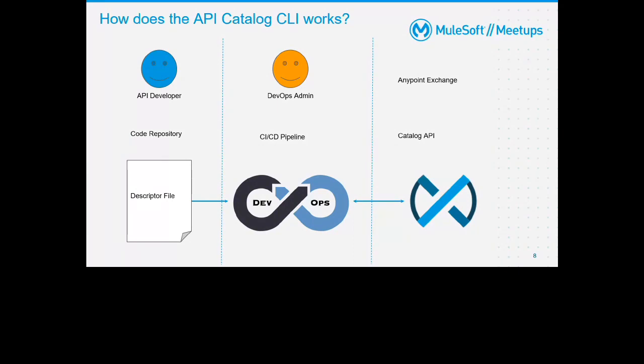Okay, got it. So in today's session, when you do a demo, are you just going to do it until publishing any API in Exchange, or are you going to take one step ahead to show how API governance will work once you publish that API using Anypoint CLI? Yeah, as I mentioned, for Flex Gateway API governance, we already did the sessions.